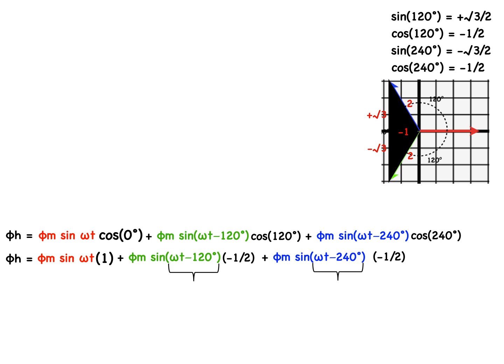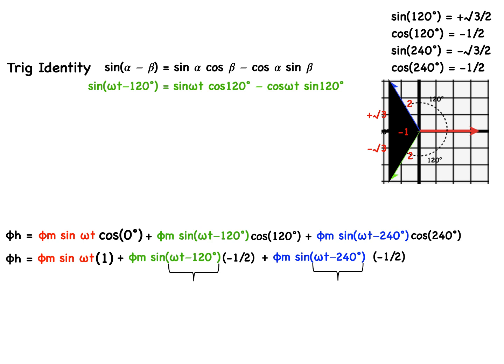Next, I want to get rid of the difference of angles, which I do using the trig identity: sine alpha minus beta is equal to sine alpha cos beta minus cos alpha sine beta. And I can substitute for alpha and beta by looking at my green trig identity sums.